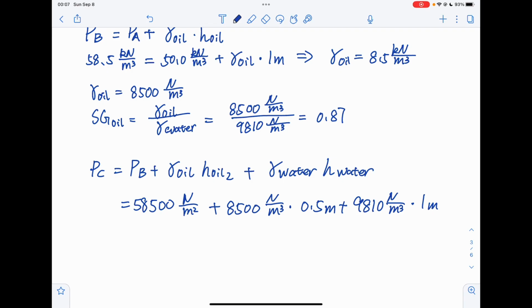Okay, so it gives us 72,600 Pascal, which equals 2.6 kPa.